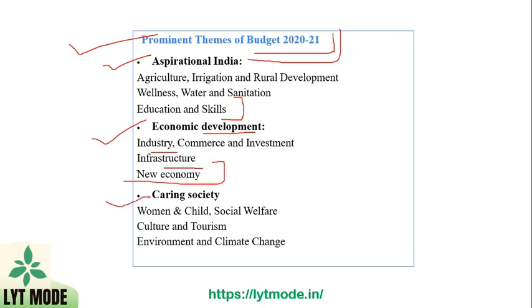Under caring society, there are women and child welfare, social welfare, culture and tourism, environment and climate change. These are the prominent themes of Budget 2020-21. The government will focus on these sectors to fulfill these themes.